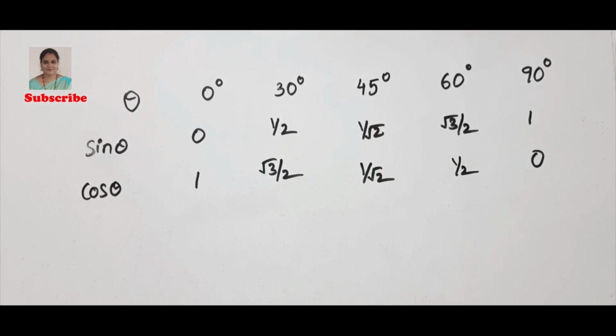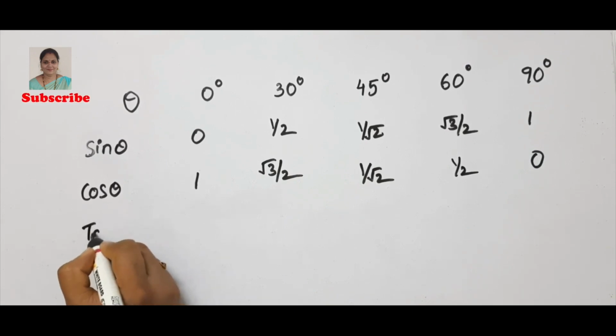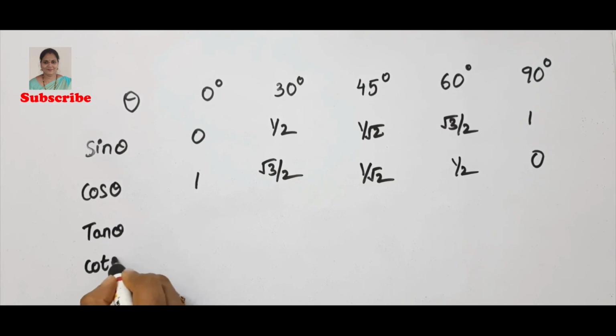Once we get sin theta and cos theta, we can easily calculate tan theta, is it not? The remaining trigonometric ratios we can easily calculate, because all are in relation with sin theta and cos theta. So we can calculate tan theta, cot theta, cosecant theta, secant theta.